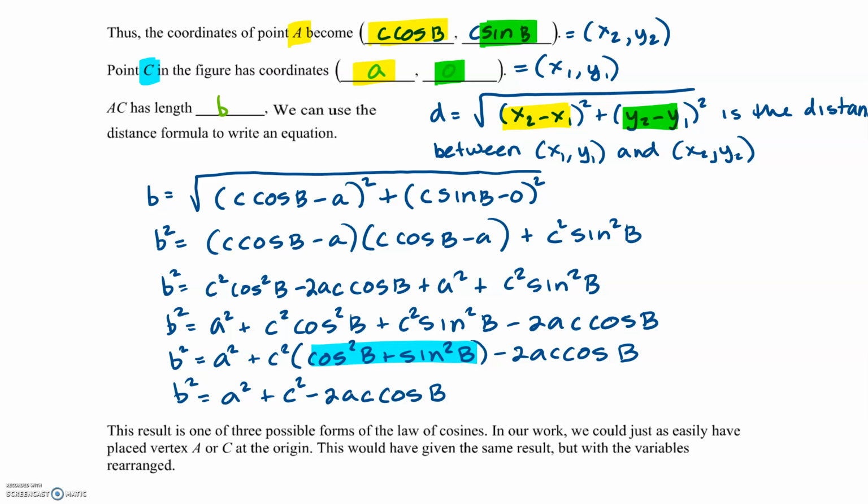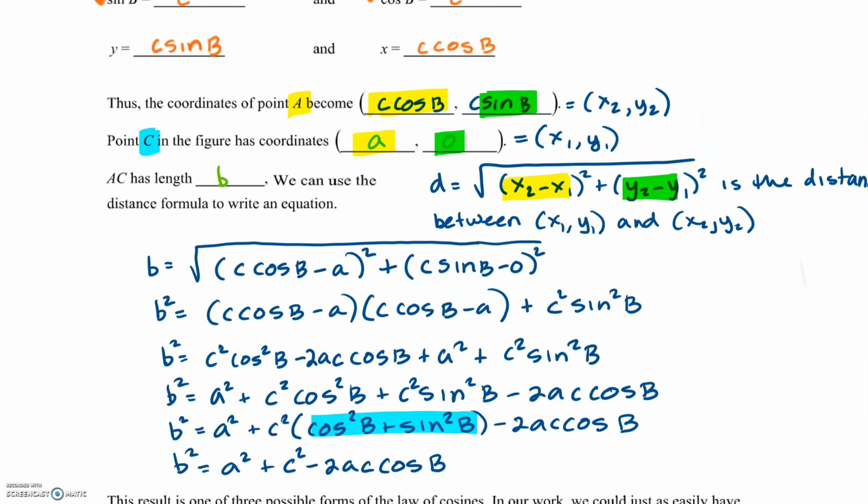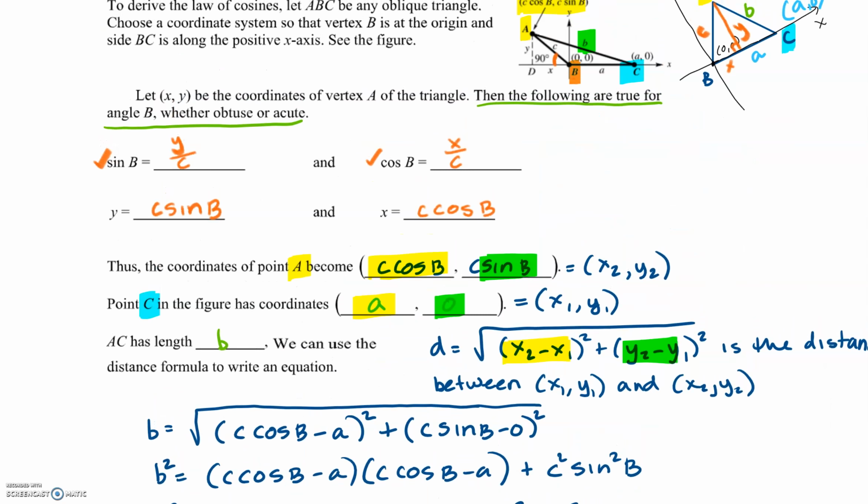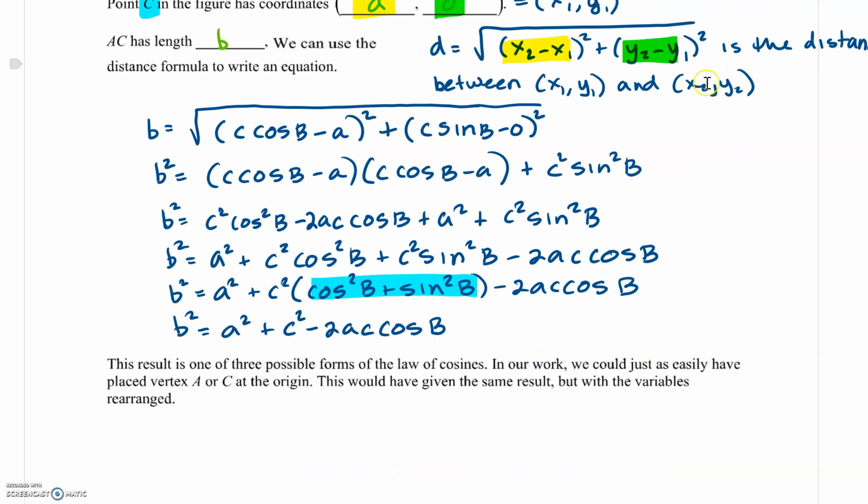In our work, we could have easily placed A or C at the origin, and this would have given us the same result, but the variables would be readjusted. So if this was C, if I switch the C and the B, let's do that right here, we would have that C squared equals A squared plus B squared minus 2AB cosine of C. That would be another form.